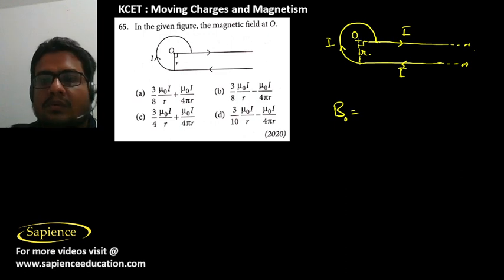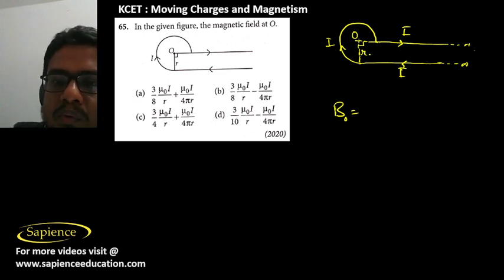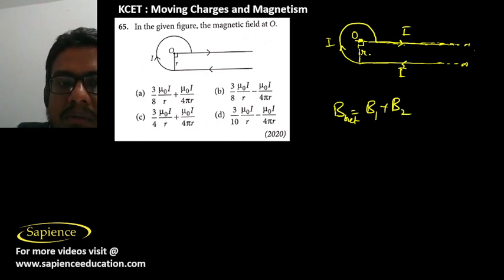There is no magnetic field due to this semi-infinite wire, since this point lies on the line which contains this wire. So the net magnetic field at the center will be equal to the magnetic field due to the other semi-infinite wire, B1, plus this circular part, B2, and both will be inwards only, so we have to add those two.